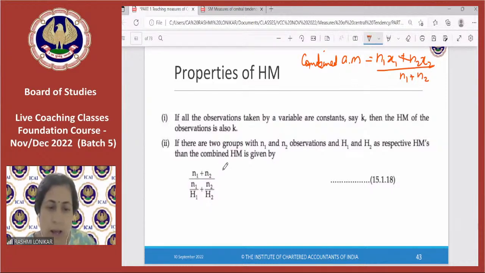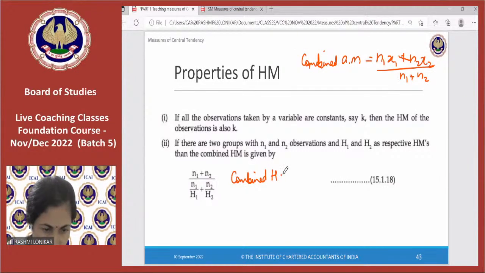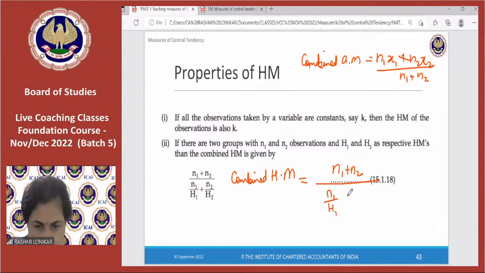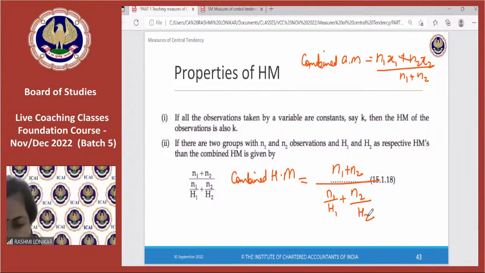Similarly, you have the combined HM, which is given by n1 plus n2 upon n1 upon h1 plus n2 upon h2, where h1 is the harmonic mean of the first group and h2 is the harmonic mean of the second group.